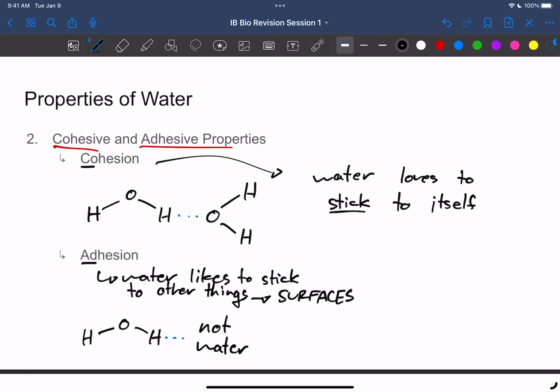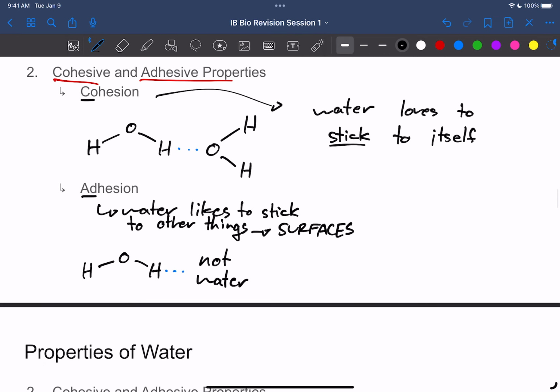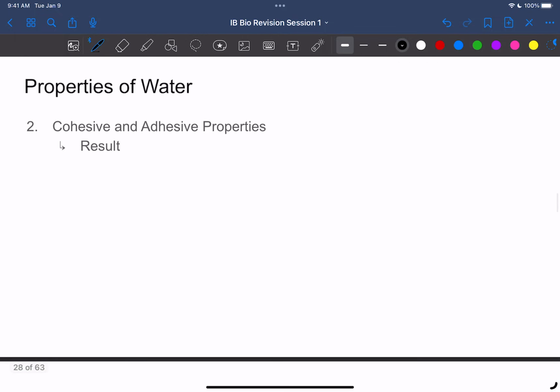Because one thing cohesion and adhesion form or help to create, so I'm just going to, I guess I can, next slide. So one thing cohesion and adhesion create is something called capillary action. We're going to have this tube, and we're going to have a water droplet.